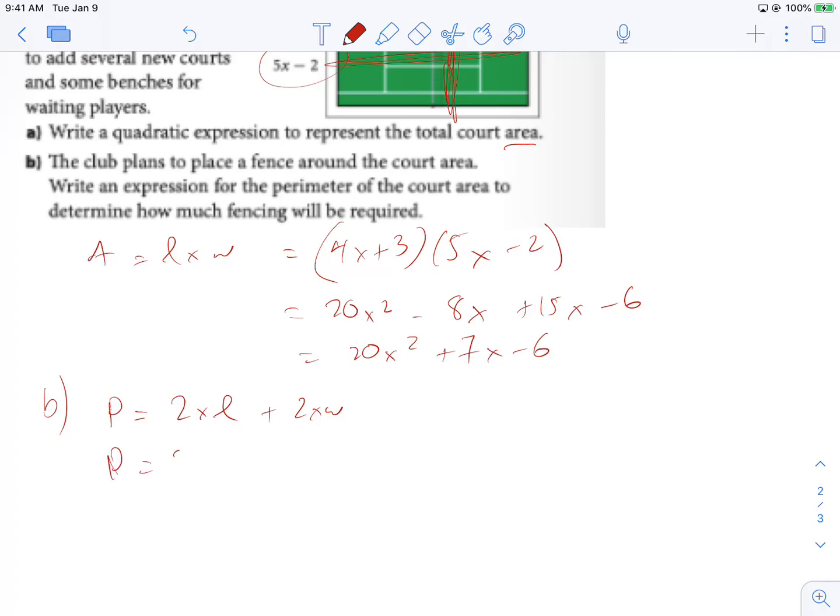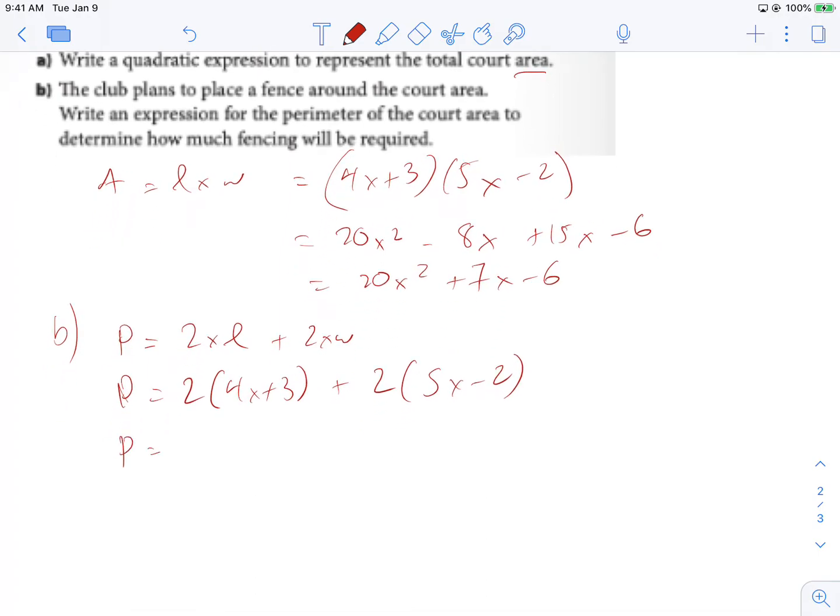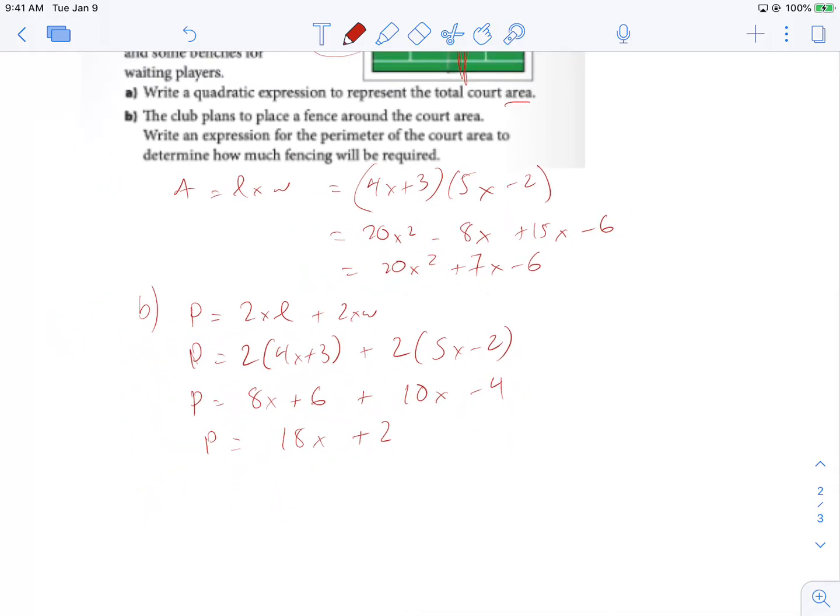Perimeter equals 2 times 4x plus 3 plus 2 times 5x minus 2, and we've done math like this, so we can do this. 2 times 4x is 8x plus 3 times 2, which is 6, plus 2 times 5x, which is 10x, minus 2 times 2, which is 4. Collect your like terms, you're going to get 18x plus 2 for your perimeter. And that is it. Nice and quick.